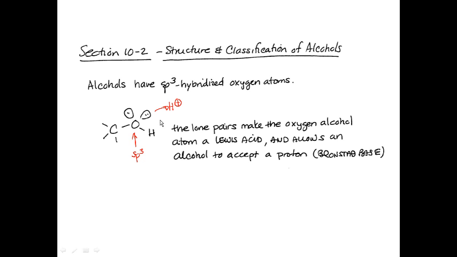So it's going to be a Bronsted base, but it could also give up a proton and act as a Bronsted acid. And so alcohols have the ability to be both Bronsted acids and bases. Now, if we look at the ability to donate electron pairs to a proton, that also makes the oxygen a Lewis base.